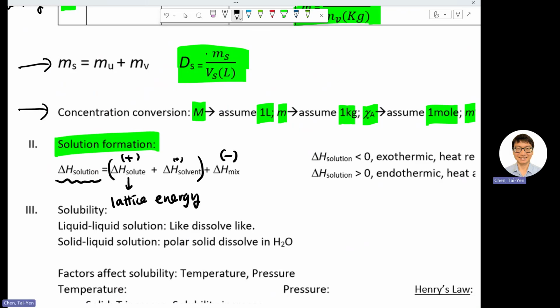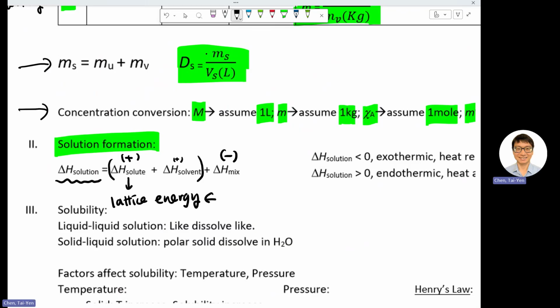The first thing is delta H solute. That term is because you are breaking apart the lattice of your solute. Often in the questions, delta H solute is replaced by the term lattice energy. It's always a big positive number.